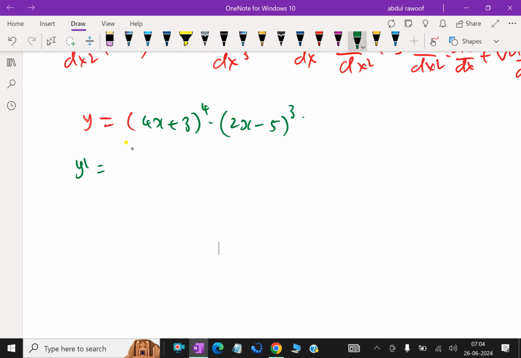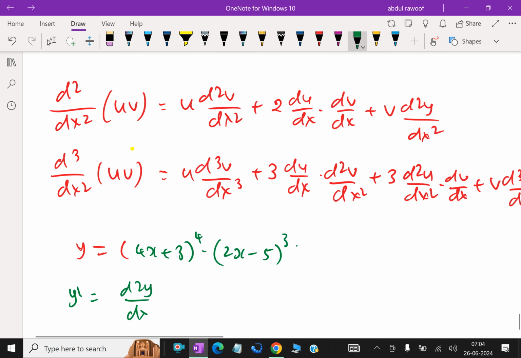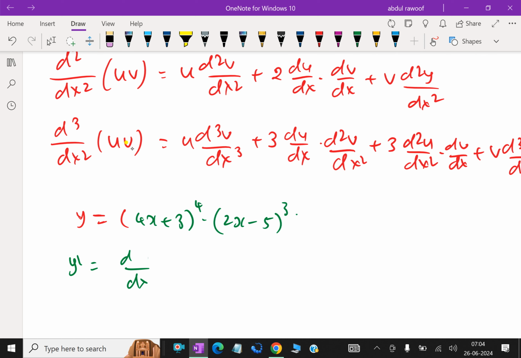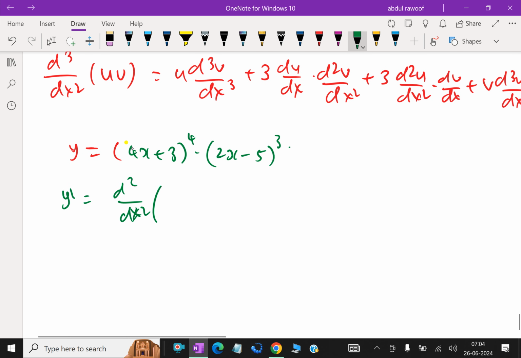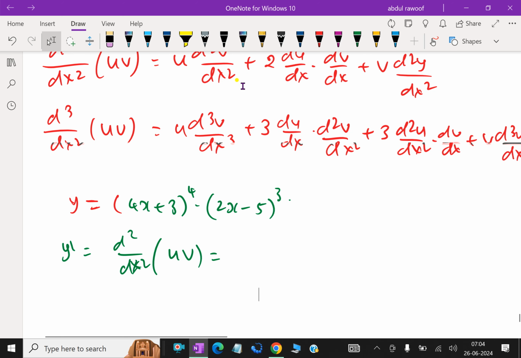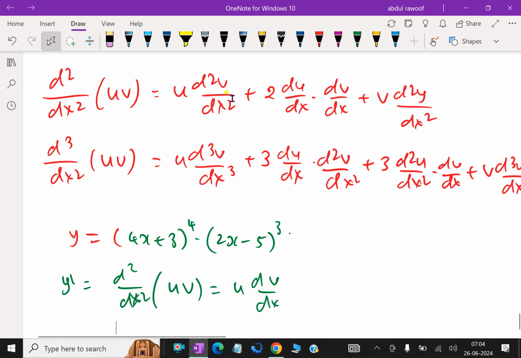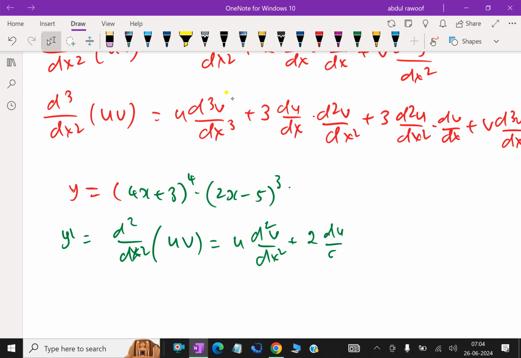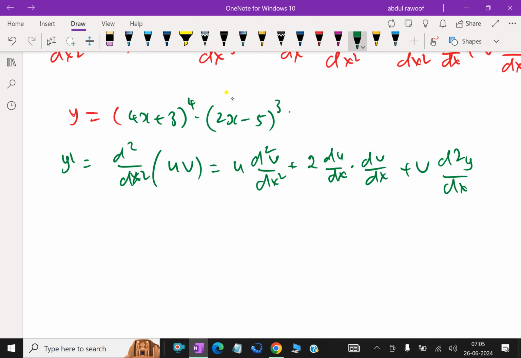The formula is d square of uv by dx square, equal to u d square v by dx square plus 2 times du by dx into dv by dx plus v into d square u by dx square.